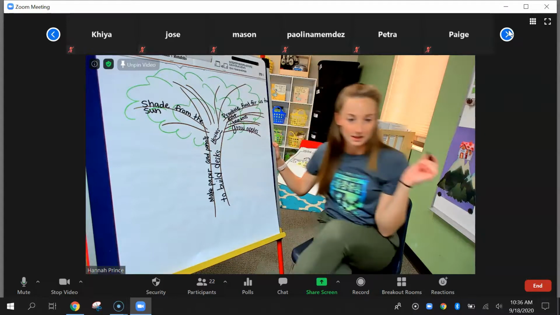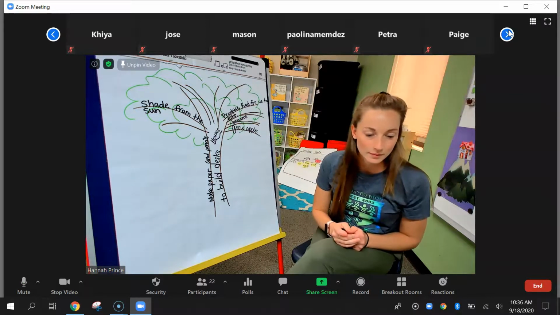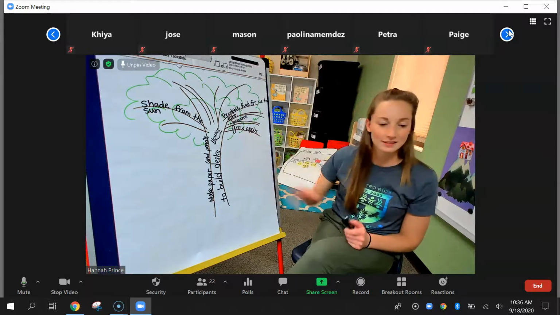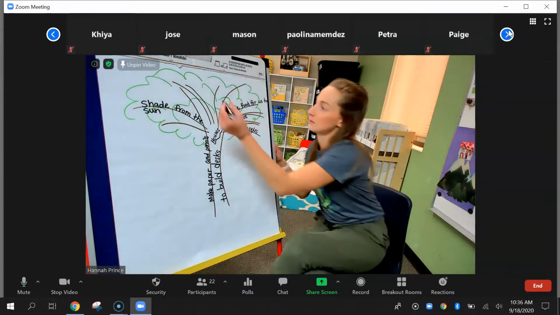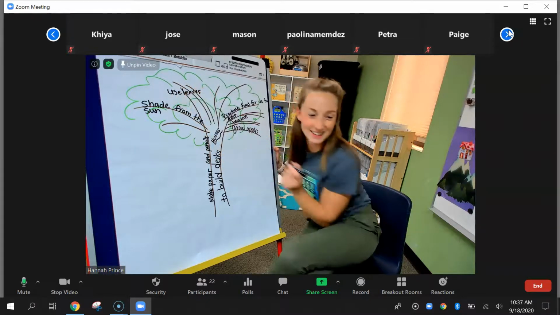Teacher, the leaves on the trees are also useful. Who uses the leaves on the tree? We do. What can we use the leaves for? To breathe for oxygen. Yes, so smart.